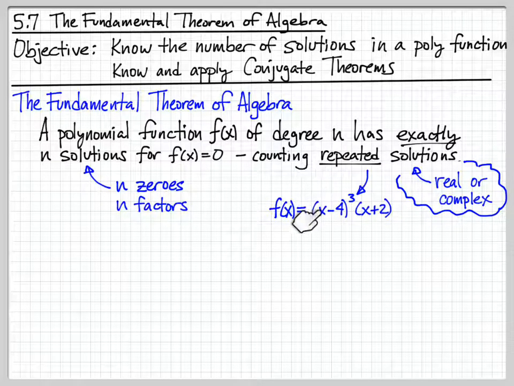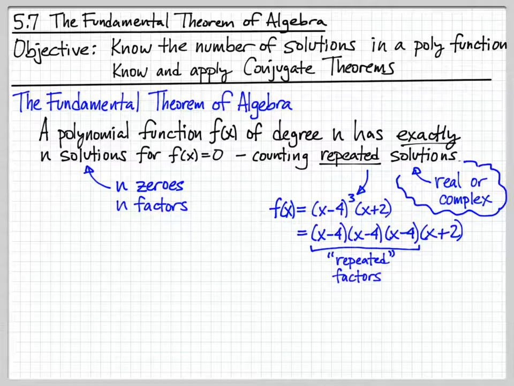A repeated solution would look like this in factored form. We have f of x is equal to (x minus 4) cubed times (x plus 2). In this case, the factor x minus 4 is a repeated factor. In expanded form, there are 1, 2, 3 zeros that are all the same.